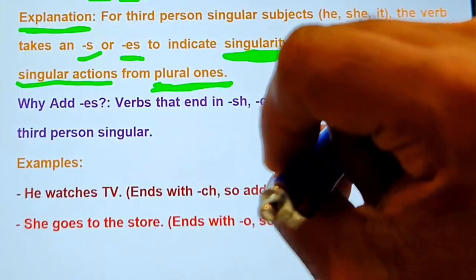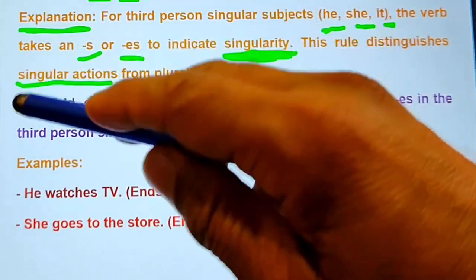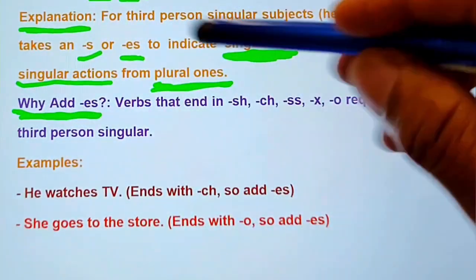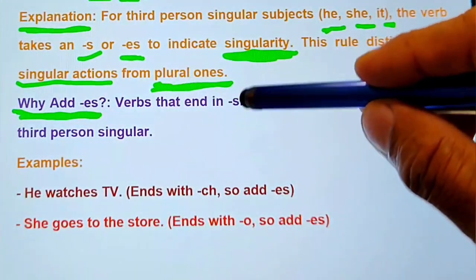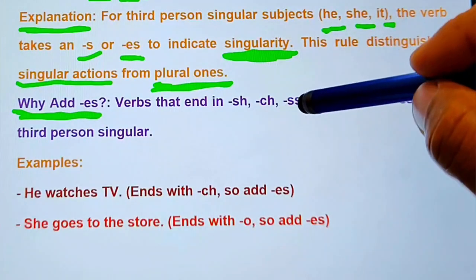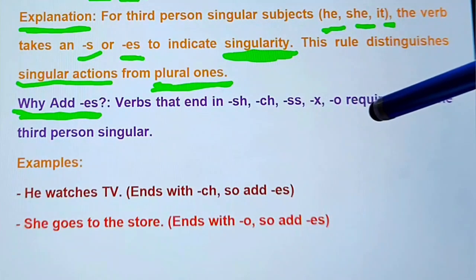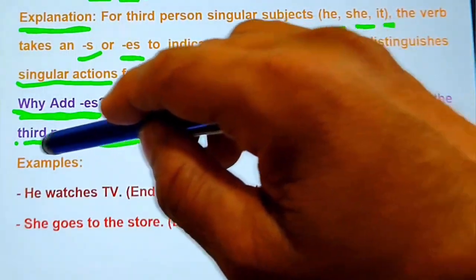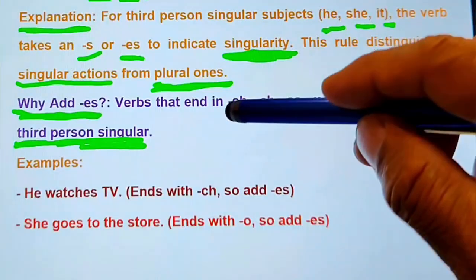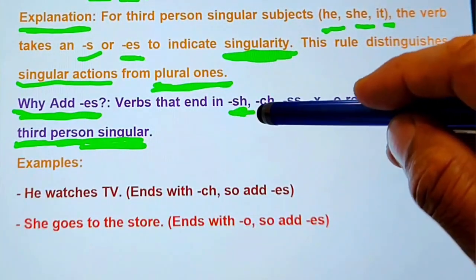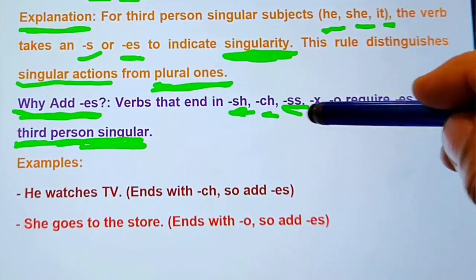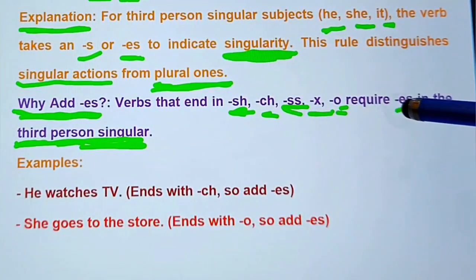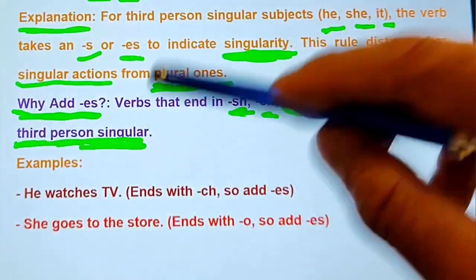Then why do we add an extra es? So we describe this further, why we add es to the sentence. Verbs that end in sh, ch, ss, x, o require es in the third person singular. A verb ending with these letters, sh, ch, ss, x, o, requires adding an extra es in the third person singular.